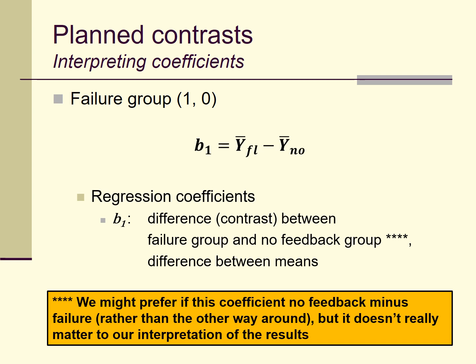Note here the fact that b sub 1 is the average for the failure group minus the no feedback group rather than the average of the no feedback group minus the failure group is not important to us. It just worked out that way given the way we coded this group. We gave it 1, 0 and the algebra just worked out the way it did.